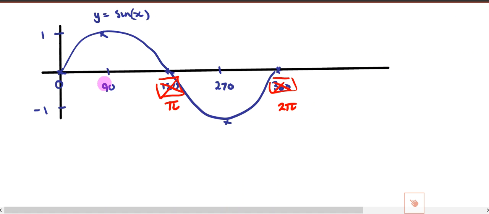What does 90 get written as? Pi over 2. What does 270 be written as? 3/4 of 2 pi. So it's another half pi on top of pi, so 3 halves of pi, not 3.5. That's it. Done.